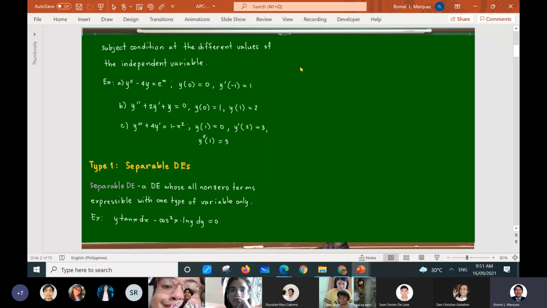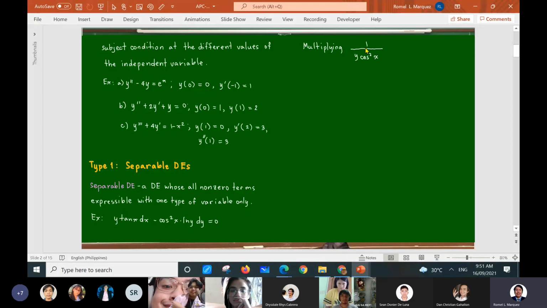So multiplying by, what is our multiplier? 1 over y cosine squared x. Okay?